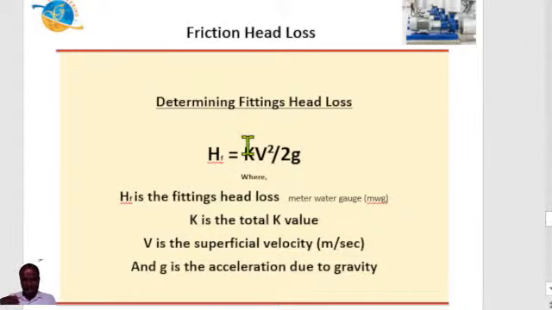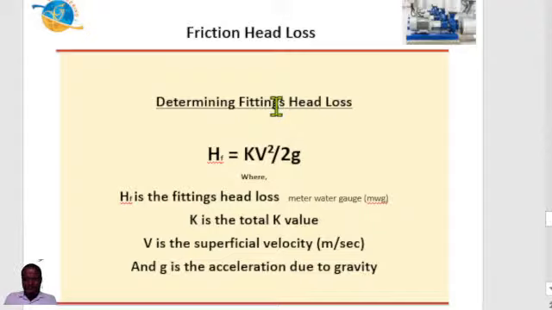For some valves, the K value is, I think, 0.7. So to get the fittings head loss with this method, you need to count the number of valves and the number of fittings, such as your bends and tees, on the P&ID. The P&ID is the piping and instrumentation diagram.